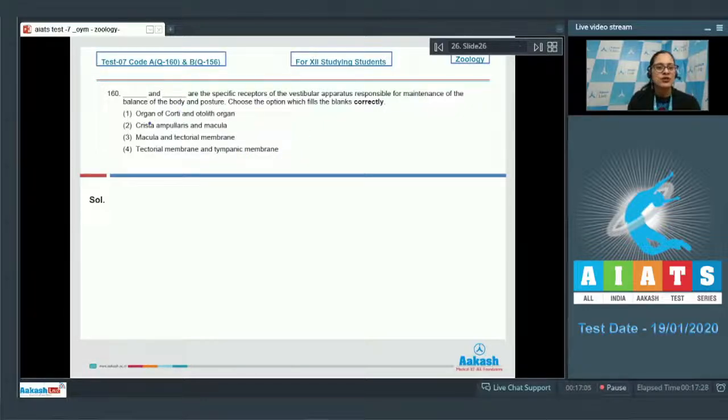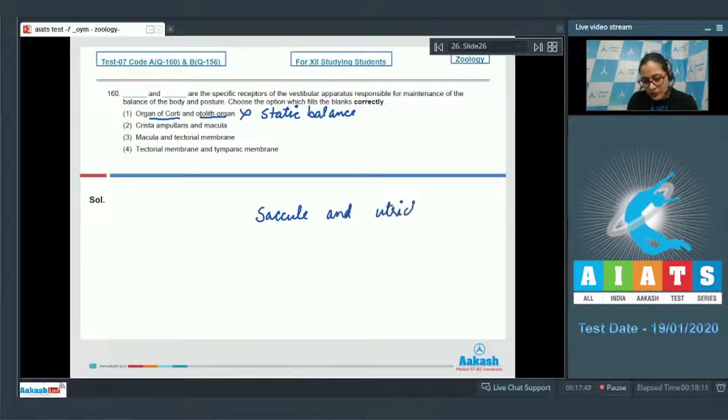The very first option, organ of Corti and otolith organ, is an incorrect option because organ of Corti is responsible for hearing, whereas otolith organ maintains static balance of the body. Otolith organs consist of two structures, sacculae and utricle.